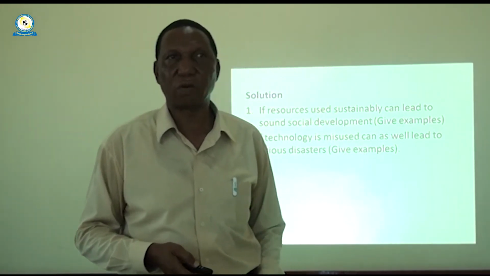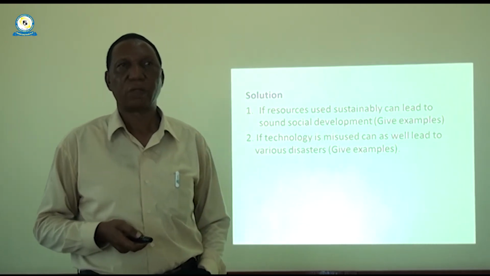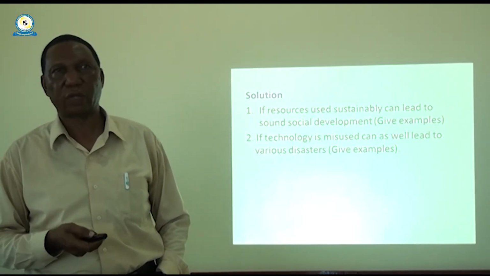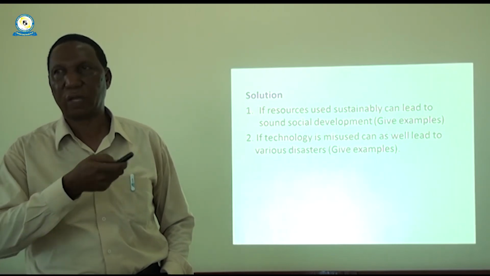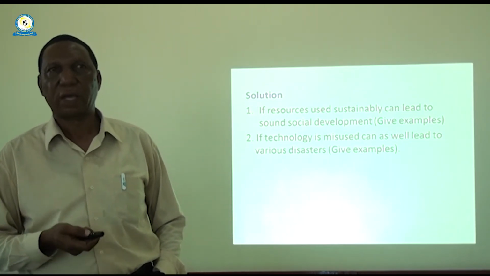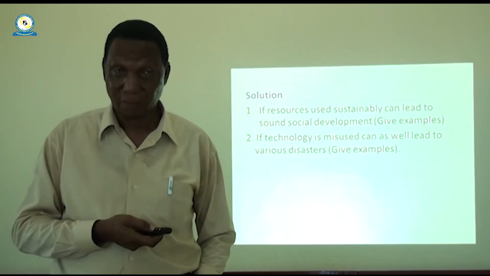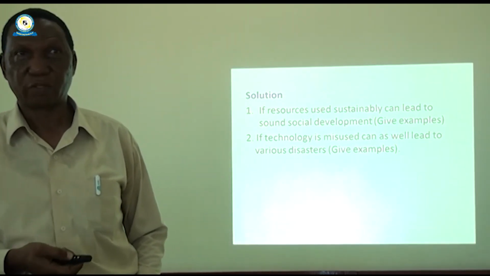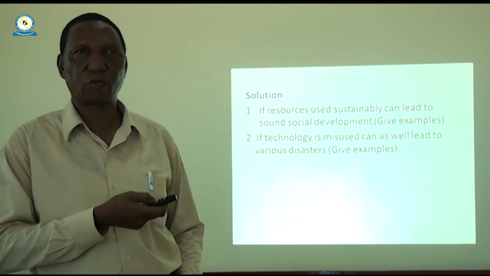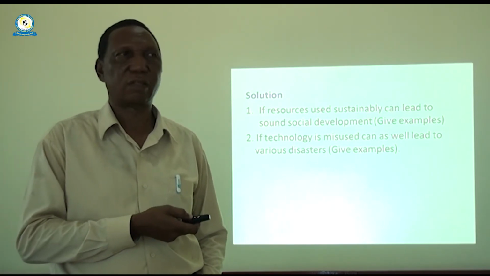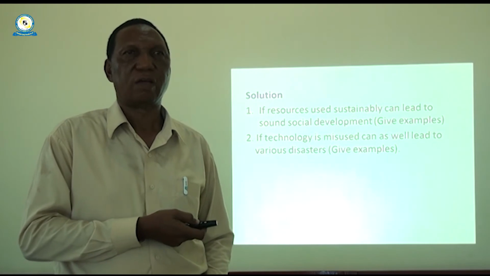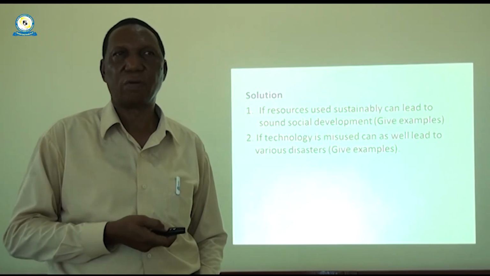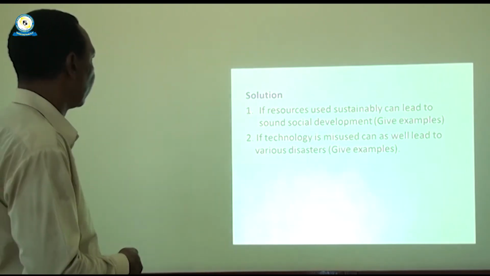So it is a collective responsibility. Those who are industrialized should ensure that we don't degrade the environment through the aspects I've already mentioned. And those in the developing countries also have a role to play to ensure that the environment remains safe and sustainable for the interest of global development.